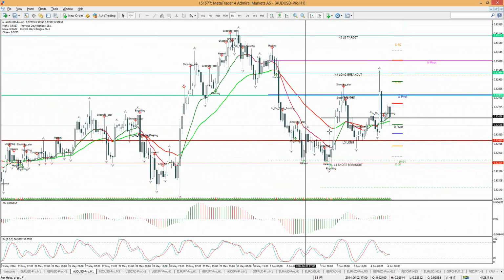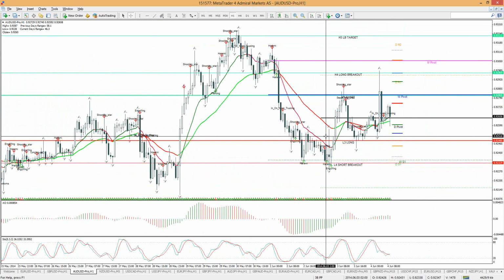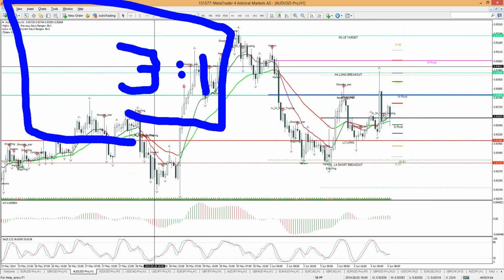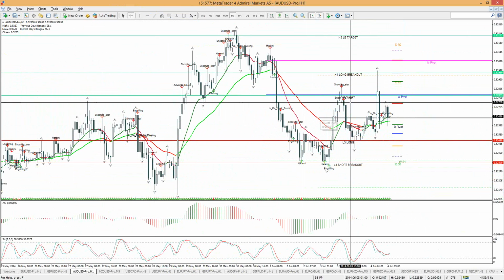Did anyone take that out or catch it? Roughly 3-to-1 was the setup there, so that's good. 3 units of reward. Small move down, but still 3-to-1 because of the tight stop loss above the shooting star.